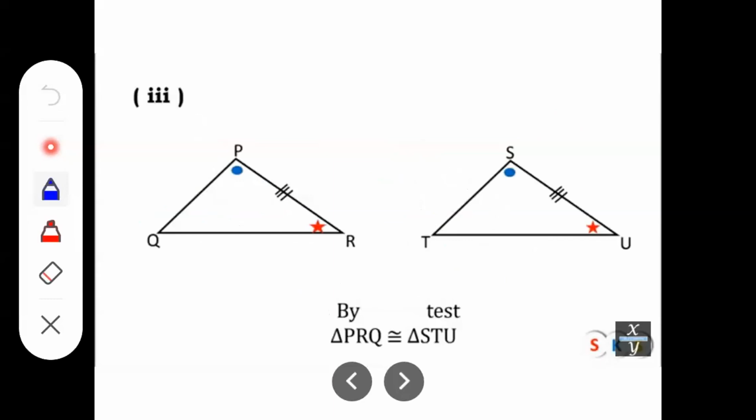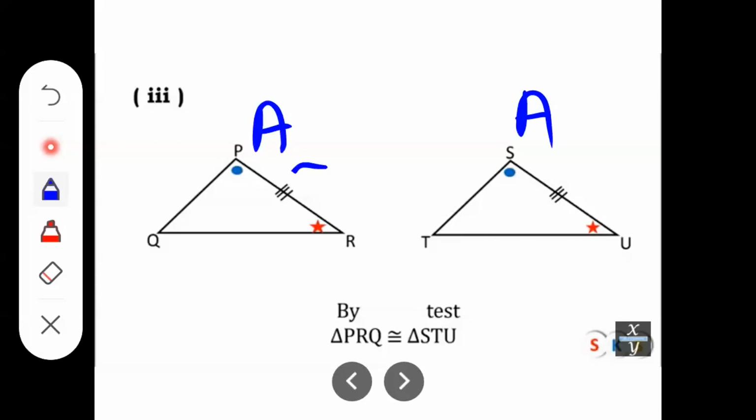Yes. Now the third diagram, see the figures here. Here again, it is very easy to identify the given test. Angle P is congruent with angle S, with the similar marking.